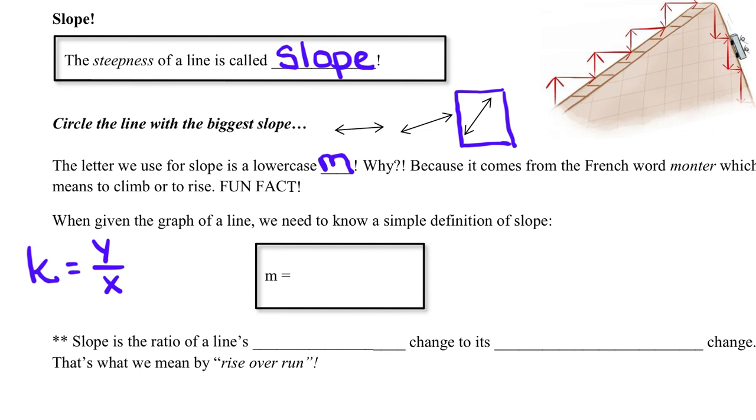Off to the one side, I want us to draw a little coordinate plane. Now, where does Y go on the coordinate plane? The top of the middle line. Okay, so Y runs in what direction? Up and down.